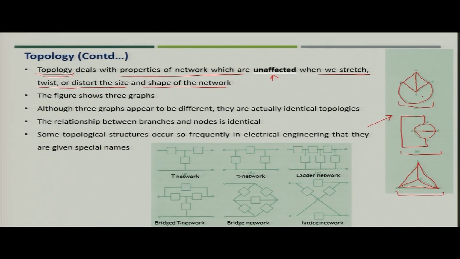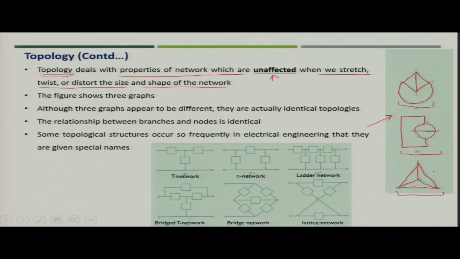Why is it important? Because sometimes in the circuit, if the figure is given in a different way, you can convert it into a similar type of circuit where it is very easy for you to analyze the current flow and the voltage drop across the element.